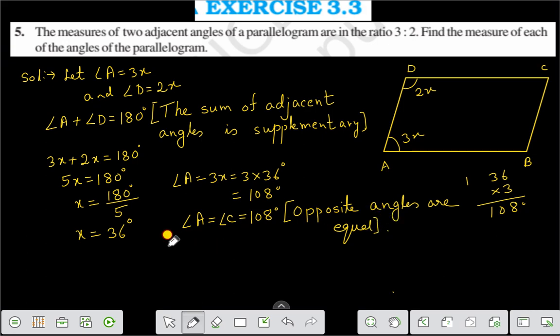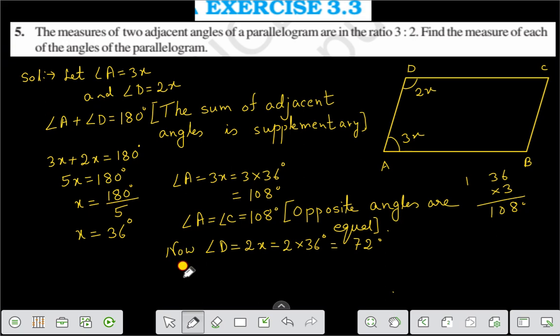Now angle D is equal to 2x, 2 into 36 degrees, that is equal to 72 degrees.